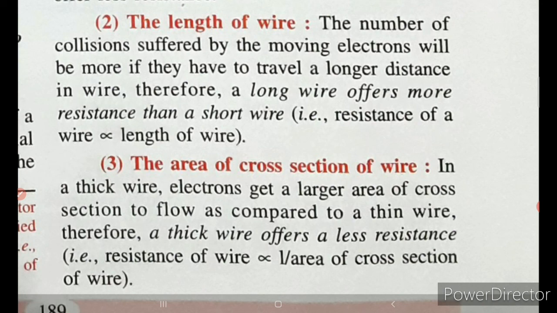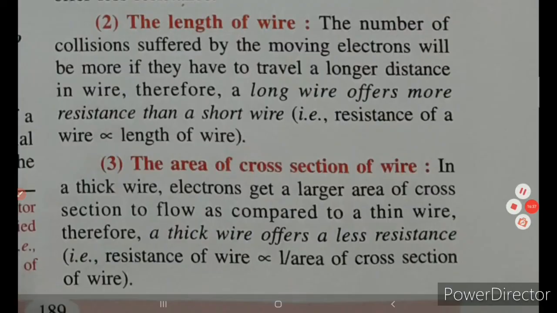Now the area of cross section of the wire: as the area increases, the free electrons get more space to move, so there are fewer collisions, hence the resistance will be less. In a thick wire, electrons get a larger area of cross section to flow compared to a thin wire, so it offers less resistance. So we can say resistance of a wire is inversely proportional to the area, whereas it is directly proportional to the length of the wire.